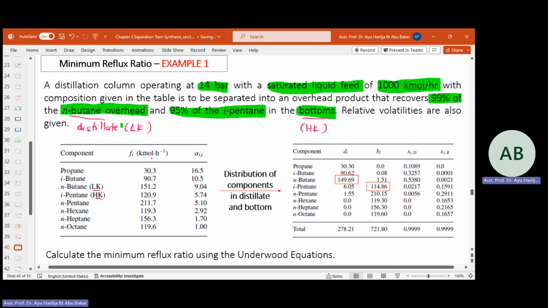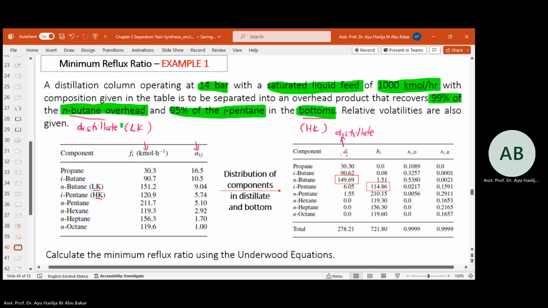Now this is the feed for each component and the relative volatility. Then it distributes the components in distillate and bottom. So this is the value in distillate. Di means distillate. B is bottom. This is the mole rate of each component, sorry, not feed.